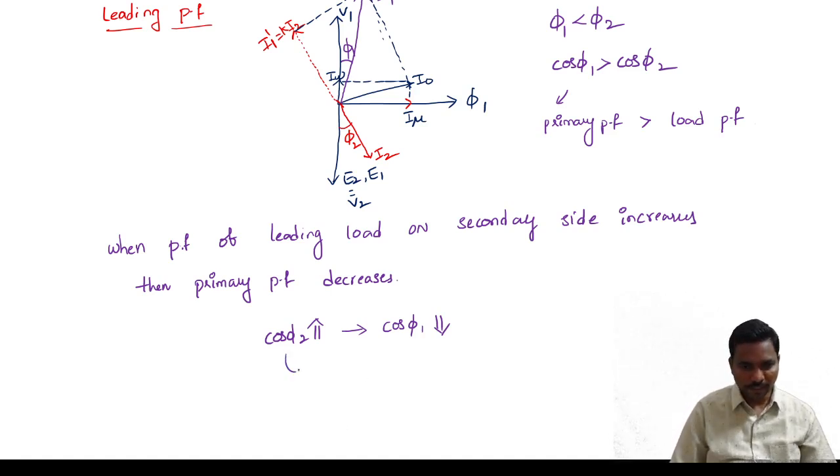When cos φ2 increases, φ2 decreases, and cos φ1 decreases when φ1 increases. When will it happen?